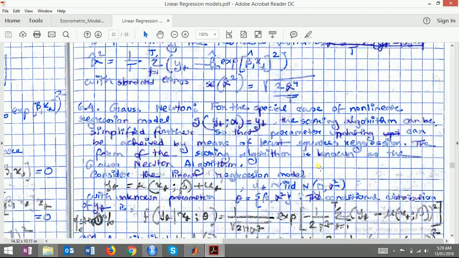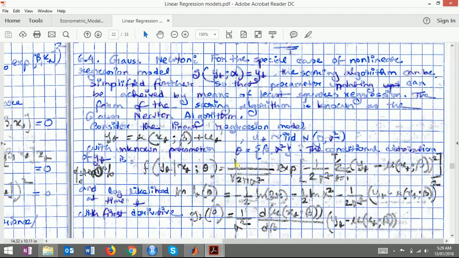So let's consider this regression model where we are not talking about a non-linear function of yt, rather we are simply expressing the equation with yt equals the non-linear function mu of xt, beta, plus ut. This is a special case where the dependent variable is not non-linear.